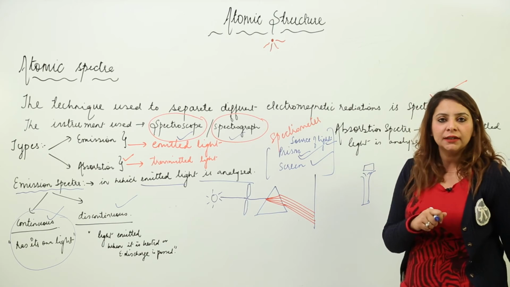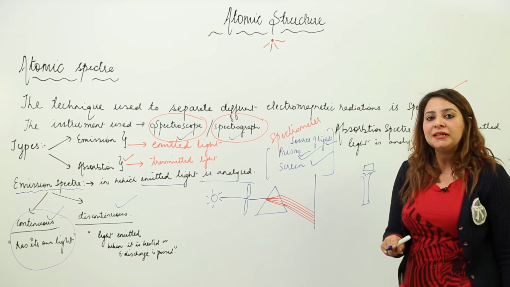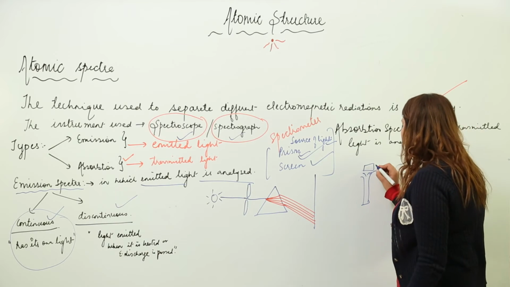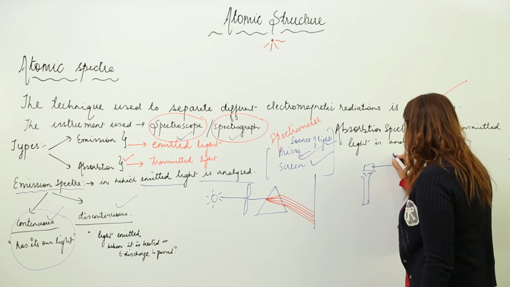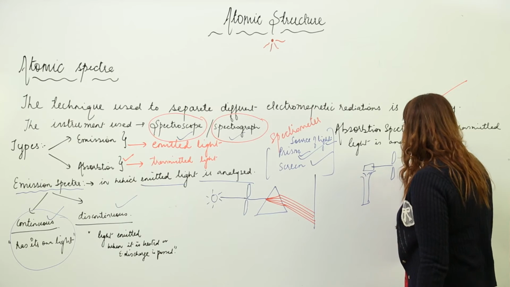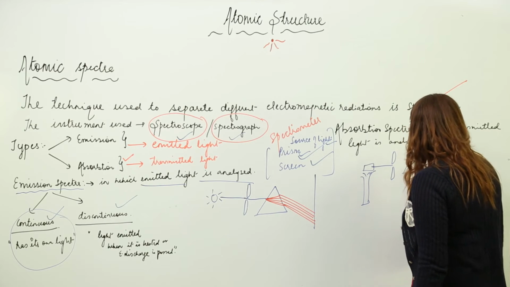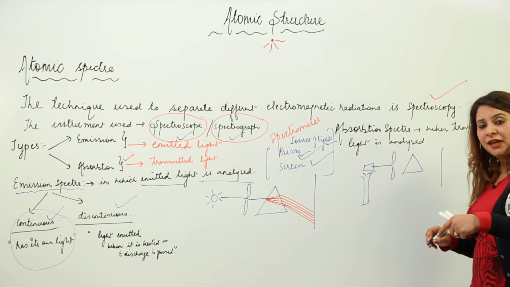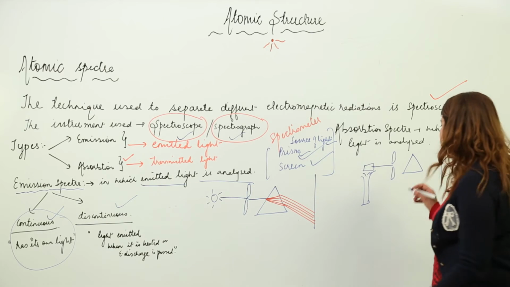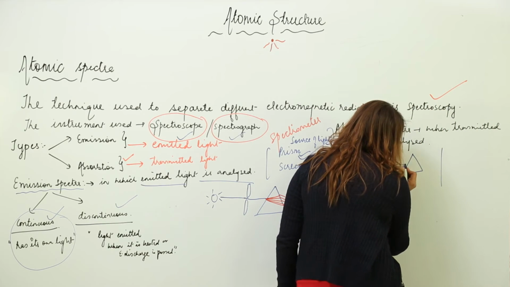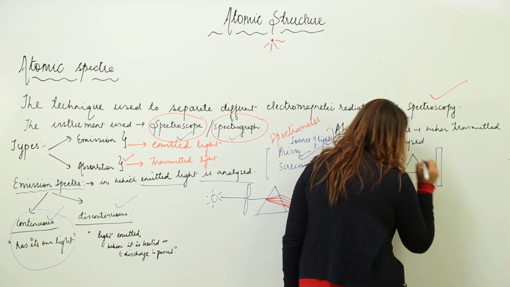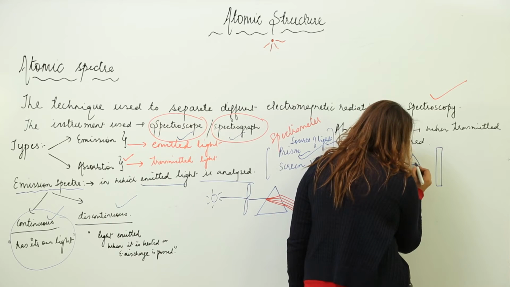When I heat it, it emits light. This light is emitted, again I have a slit, again I have a prism, and the same thing happens: dispersion is taking place. Let's have a screen like this.